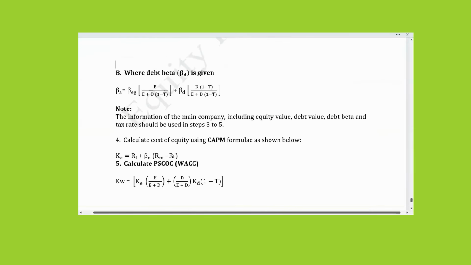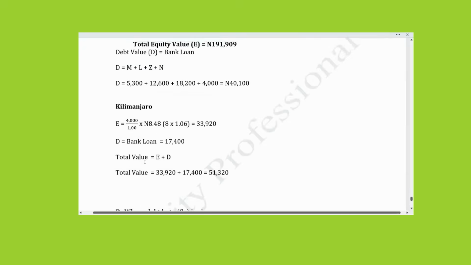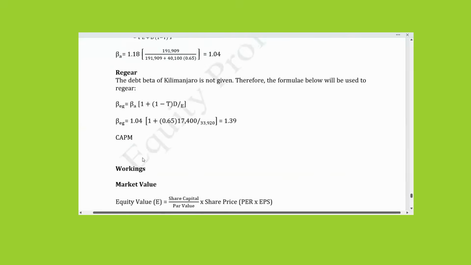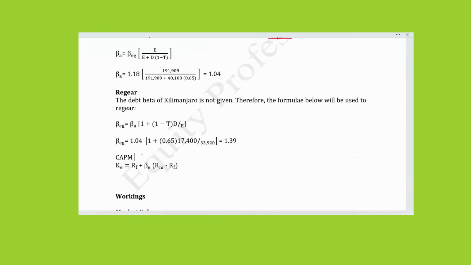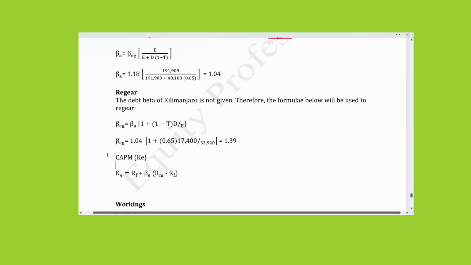I will still need this one later. Yeah, this is it. So I want to calculate capital asset pricing model, denoted as KE, cost of equity. That is step number 4.